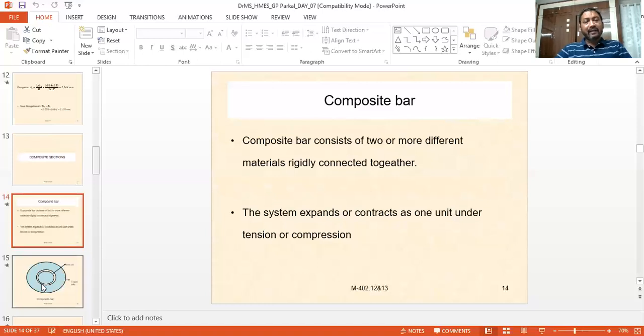So when two or more materials are joined together to act like a single bar, the system will expand or contract like a single unit when it is subjected to a force.